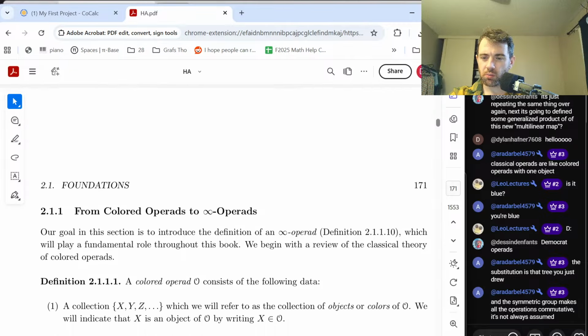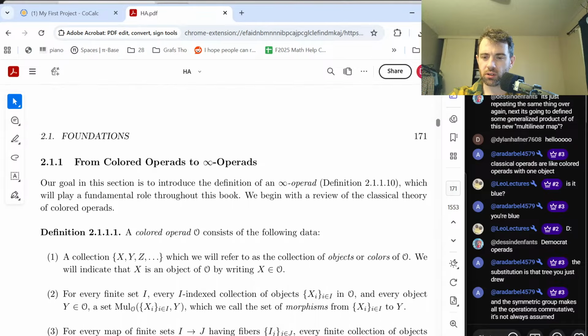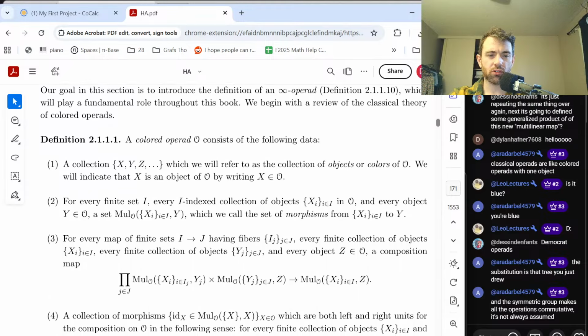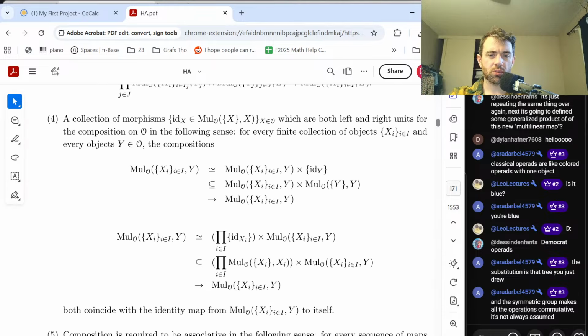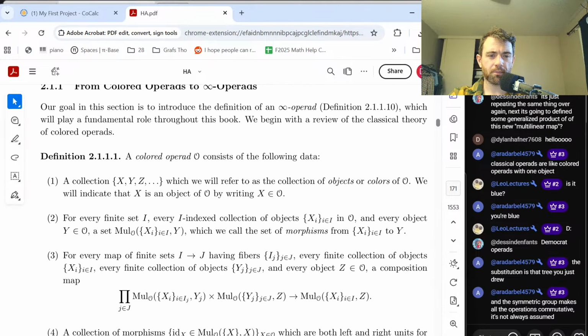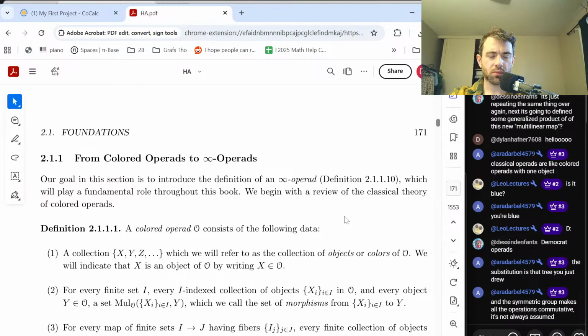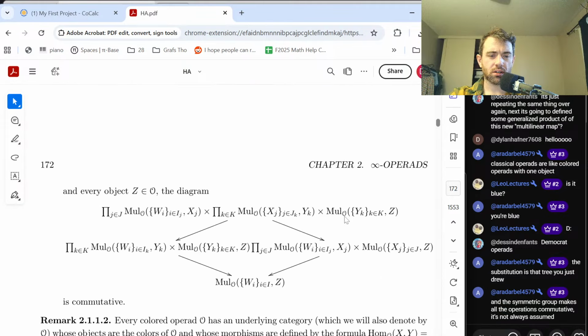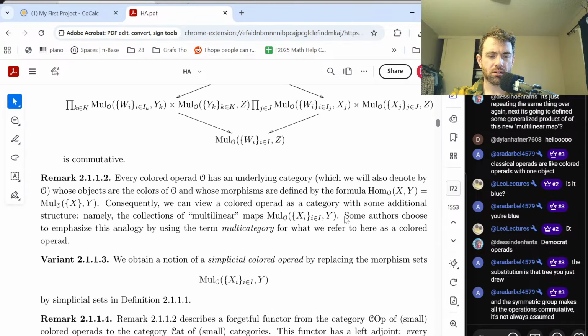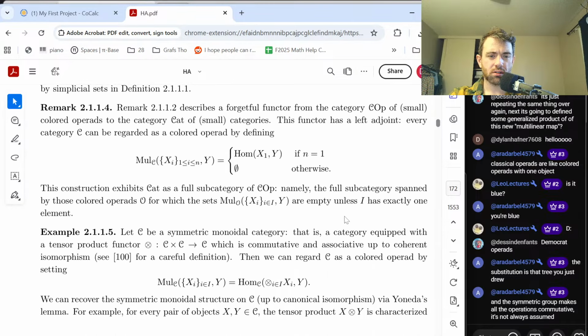And the symmetric group makes all the operations commutative. It's not always assumed. Oh, I see. Wait, so are we assuming commutativity here? Not every operad. Wait, what does commutativity even mean here?